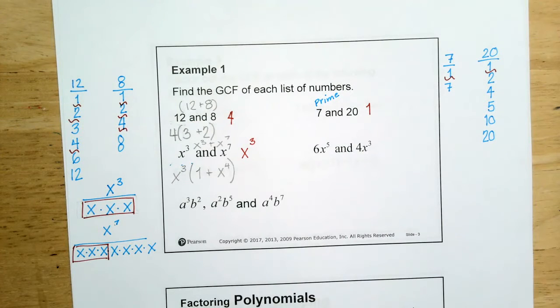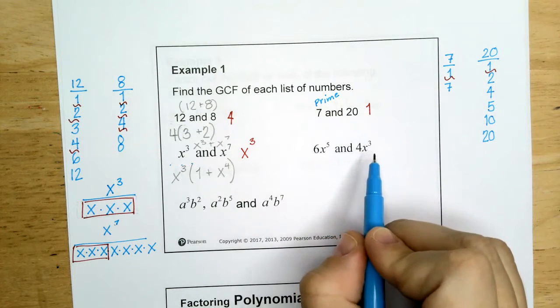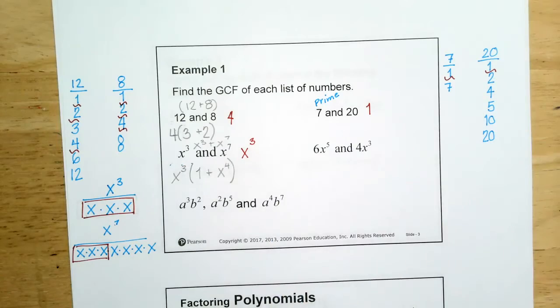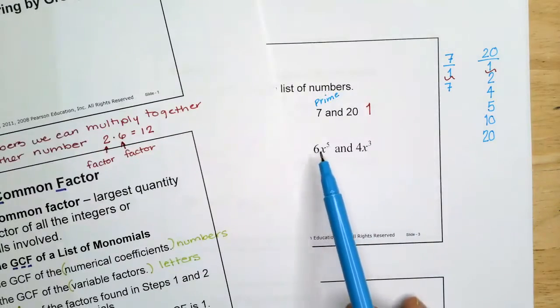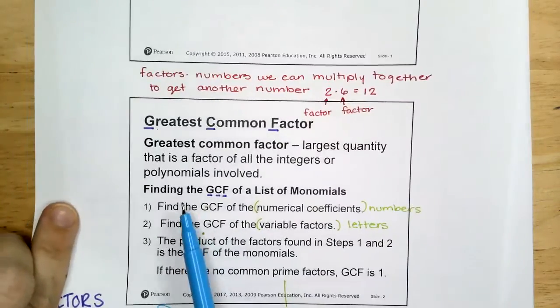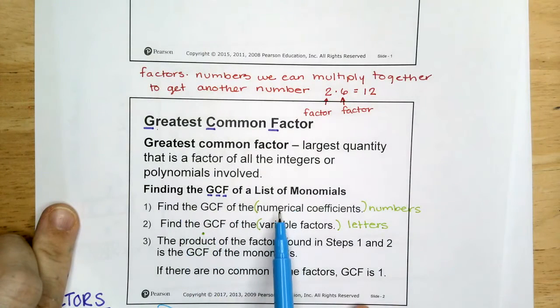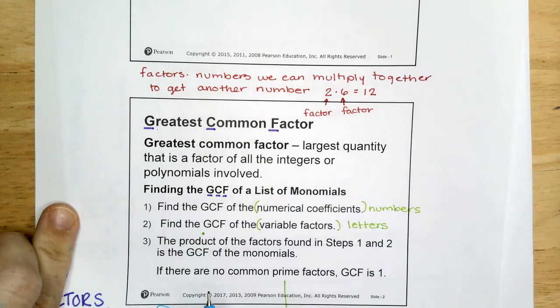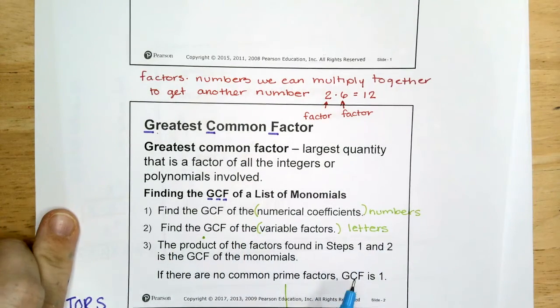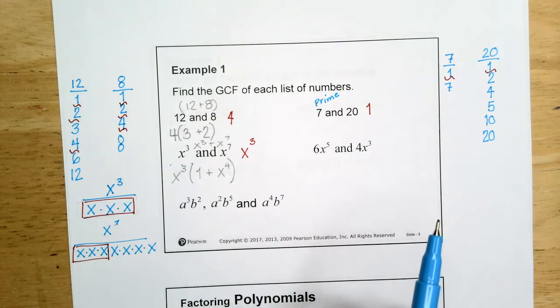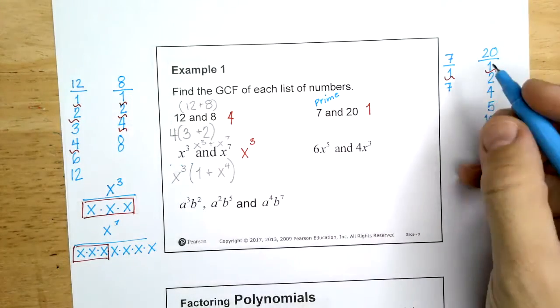And we're going to practice this a lot today, so it will become clearer if it's not clear to you. Here we have 6x to the fifth and 4x to the third. And remember, it says if you have a monomial with numbers and letters, first find the greatest common factor of the numerical part, the numbers, then find the greatest common factor of the letters, the variable part, all right? 6 and 4.